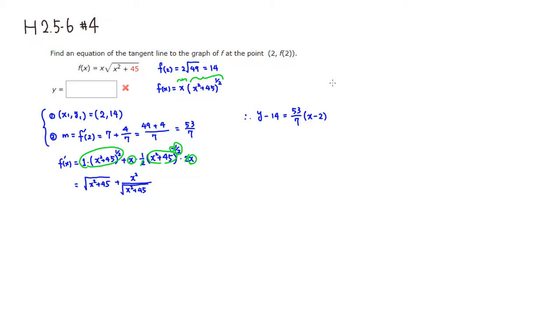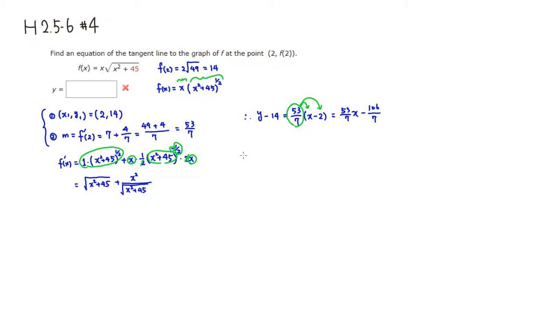We can probably just distribute 53 over 7 to x and the negative 2, and we get 53 over 7 x minus 106 over 7.